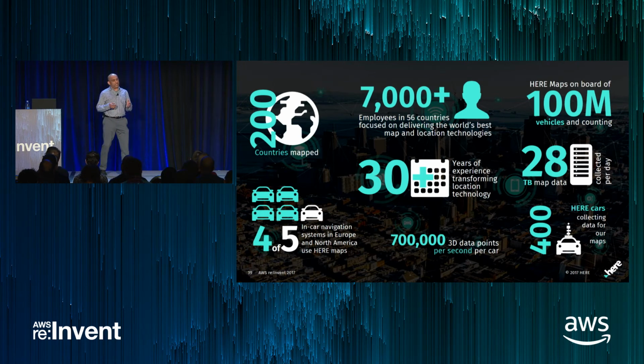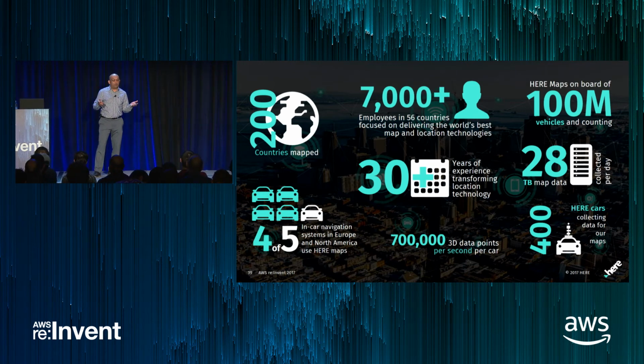Do I have enough charge in my electric vehicle to take me to my destination, considering that I have my air conditioner on and I will be driving a lot of uphills? Even our definition of roads has expanded to include virtual roads in order to enable drone technology. In order to make sense of this vast amount of data and be part of this location transformation, we needed an IT and platform strategy to enable this.